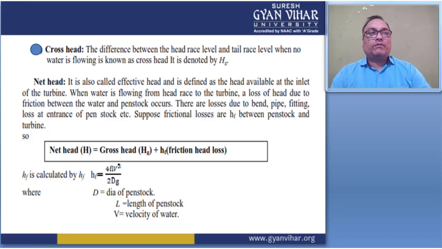The net head has a formula. If I am talking about the definition of the gross head, it is the difference between the head race level and the tail race level when no water is flowing, and it is denoted by Hg.